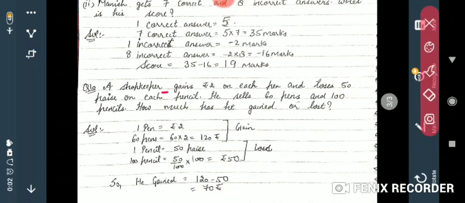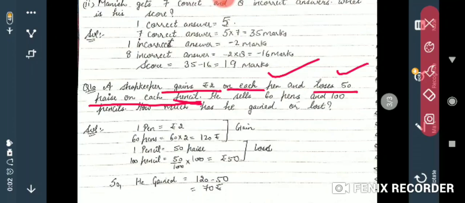Next, a shopkeeper gains rupees 2 on each pen and loses 50 paisa on each pencil. So gain means the profit he has earned on pen, but the loss he has suffered on pencil. He sold 60 pens and 100 pencils.